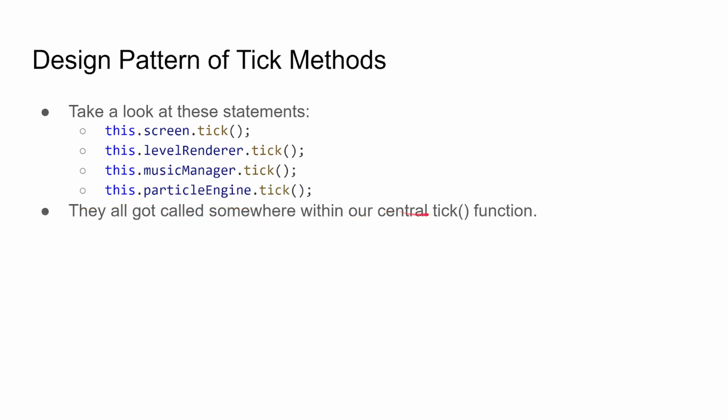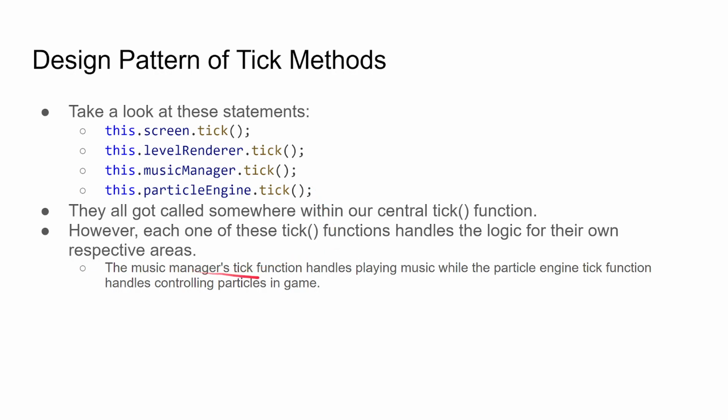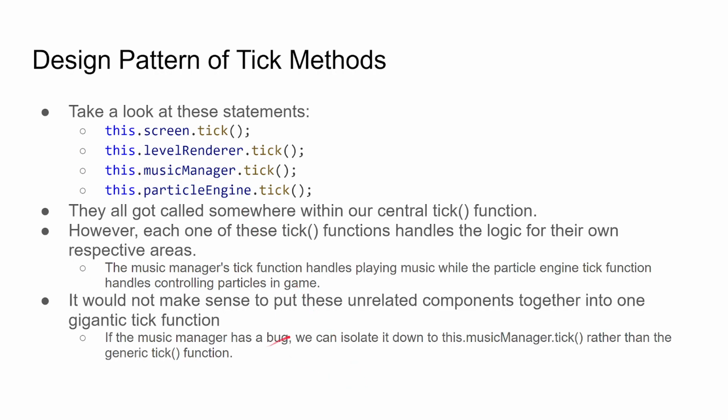They all got called somewhere, right? And what happens if the music manager fails, right? So we see that the music manager controls music, or the particle engine controls particles. It would not make sense to put them all in this gigantic function, because if the music manager fails, it has a bug, we can look at the stack trace, we can see, oh, it's called from this music manager.tick function.